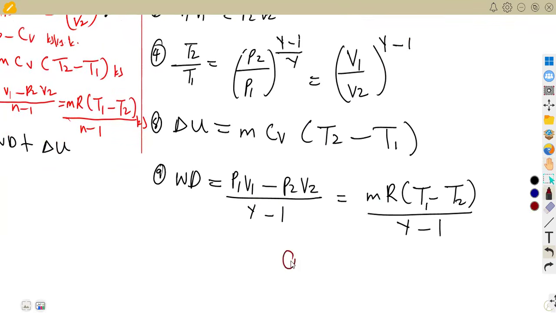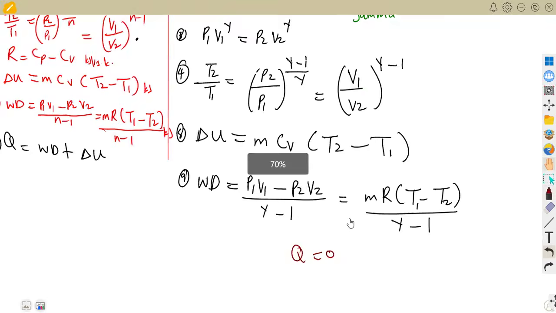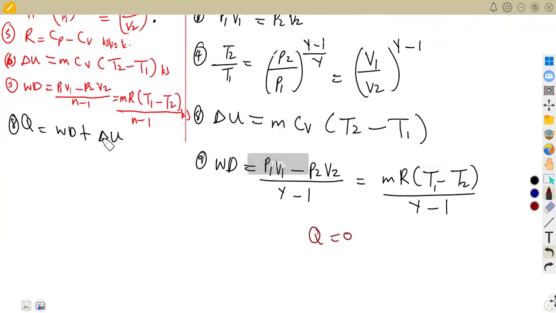So if Q is equal to 0, and before we said Q is the sum of work done and internal energy, remember, Q is equal to work done plus the change in internal energy, but we are saying Q is equal to what? To 0. It means I can write the work done in terms of internal energy.